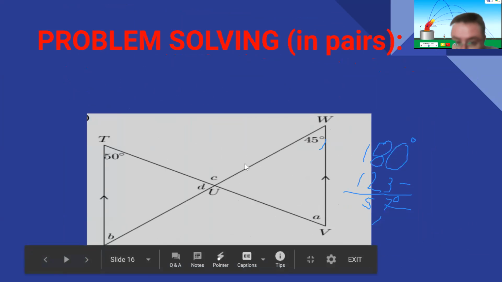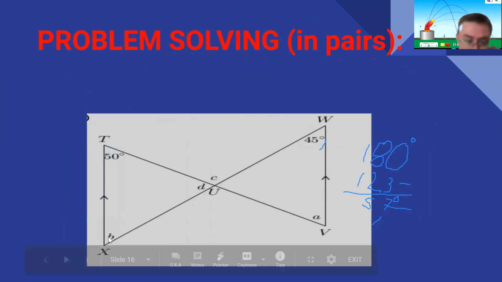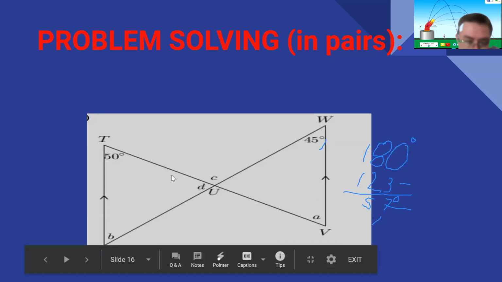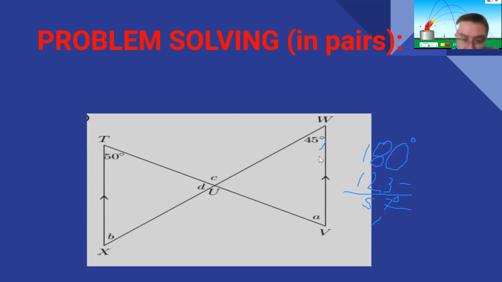Next one, here's a little bit of a tricky problem. I've got this in a later video that I'm doing also. Is this a quadrilateral? Yes or no? So look at this. Yes, it is. Look at this quadrilateral.